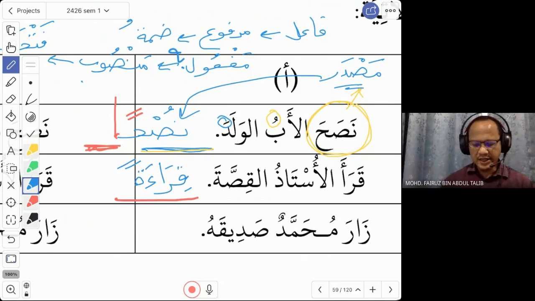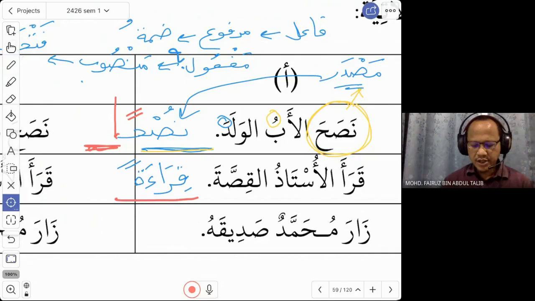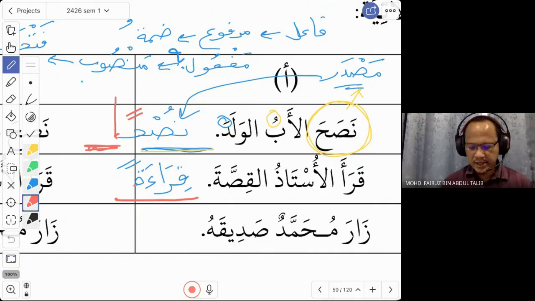Okay, so qira'atan. Now, do you need to add this alif? Previously I said if a word ends with tanwin and fathah, we will have alif. It is true for all letters except ta marbuta. If it ends with ta marbuta, like qira'atan, you don't have to add alif. Nobody will write qira'atan with alif. So for ta marbuta, there is no need to add that alif.